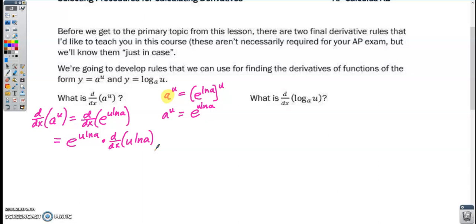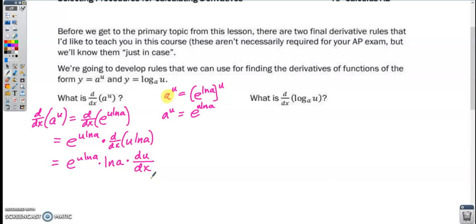And so when I take the derivative of u times the natural logarithm of a, kind of like when I take the derivative of 5 times x, the derivative of this is just going to be the constant multiple rule, times the derivative of our variable expression. And this derivative rule, of course, already has the chain rule baked into it. That's where the du dx is coming from.